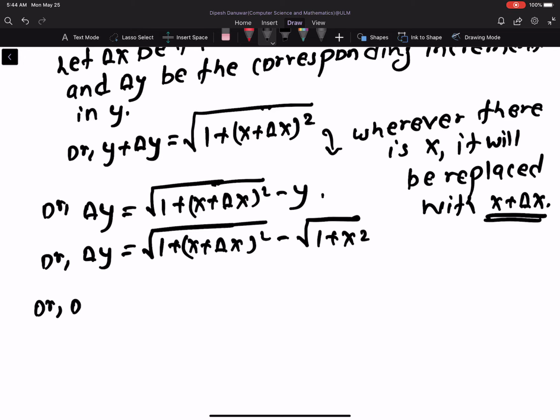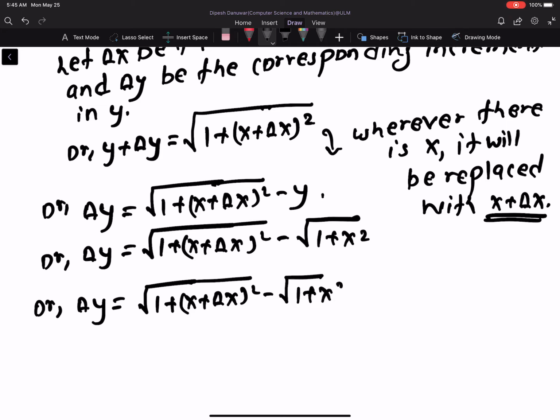So delta y is equal to [root under 1 plus (x plus delta x) whole square minus root under 1 plus x squared] times [root under 1 plus (x plus delta x) whole square plus root under 1 plus x squared].